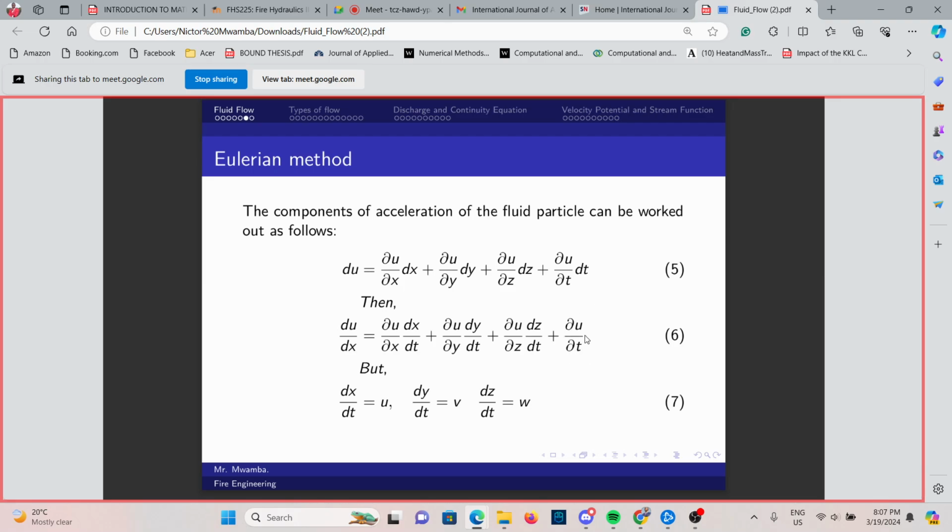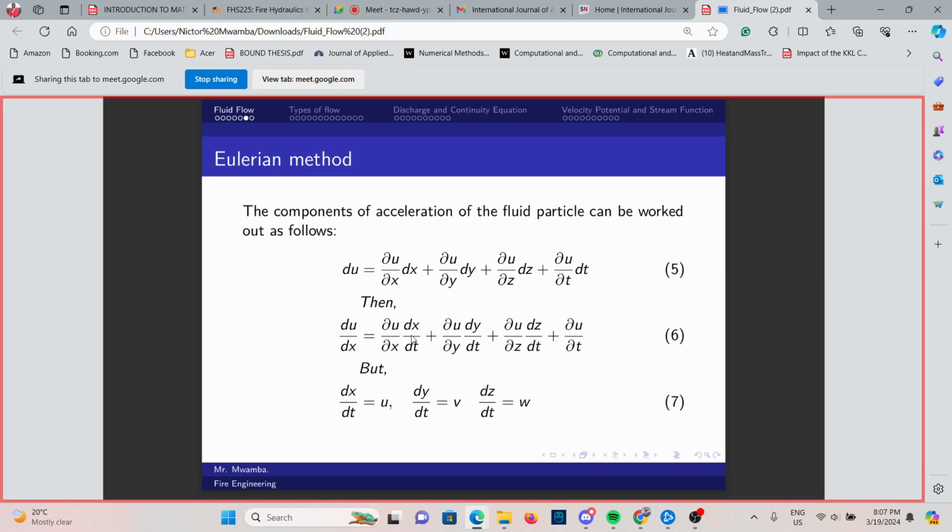Dividing this term by dt, you have dz/dt; this term, dy/dt; this term, dx/dt; and this term, du/dt. This implies that dx/dt, which is the change in space with respect to the change in time, is simply the velocity along the x-axis.